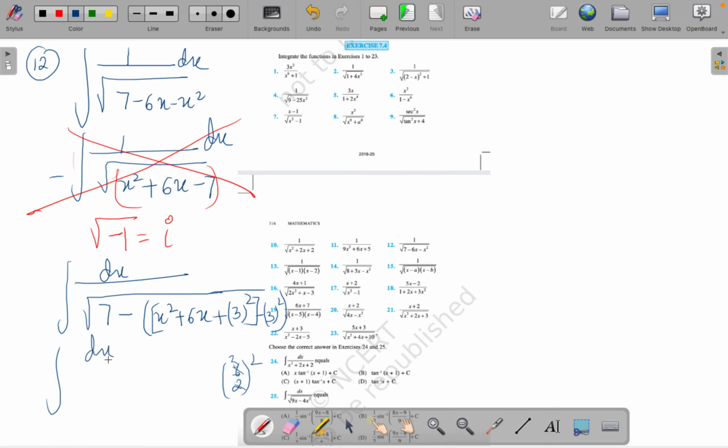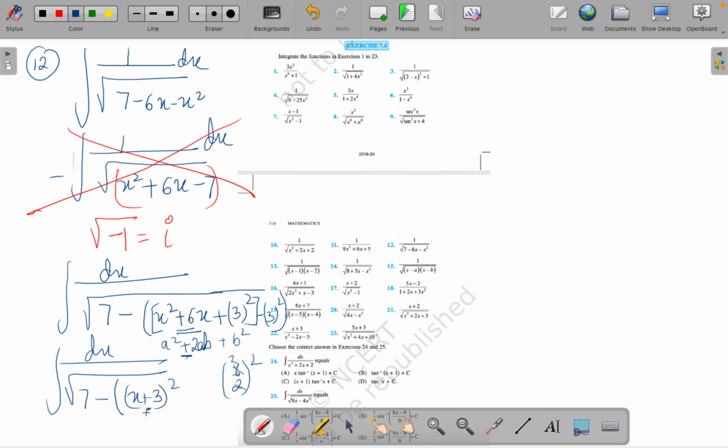So integration of dx upon under root of 7 minus, this will be x plus 3 whole square. Again, don't forget, if x has a positive sign, then a plus sign will come here; if there is a minus sign, then a minus sign will come. How? a square plus b square plus 2ab will give a plus b whole square, and if there was a minus here, it would give a minus b whole square.